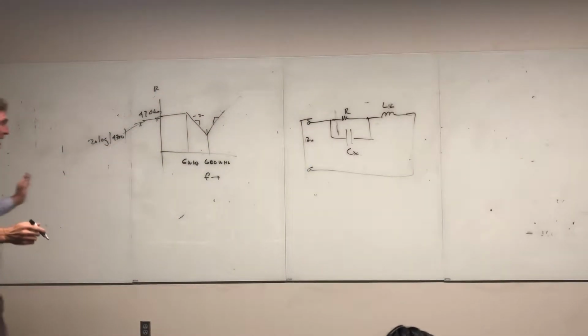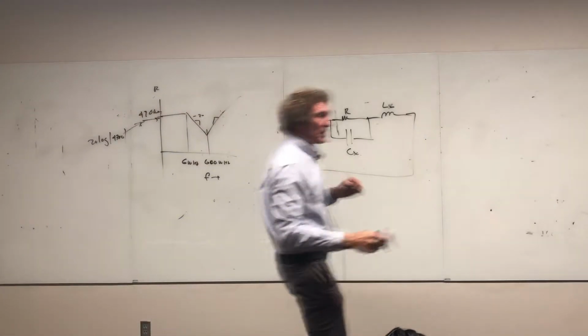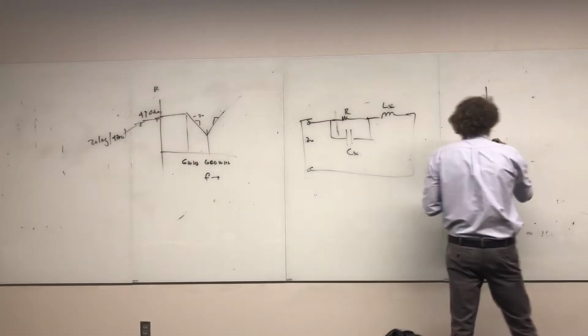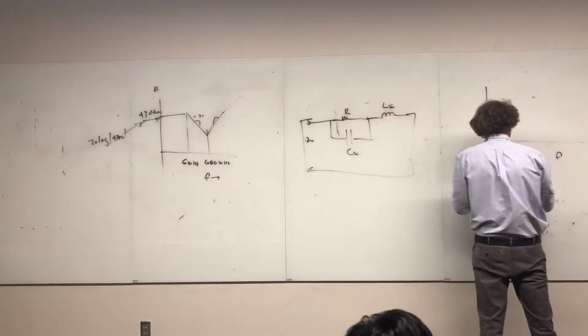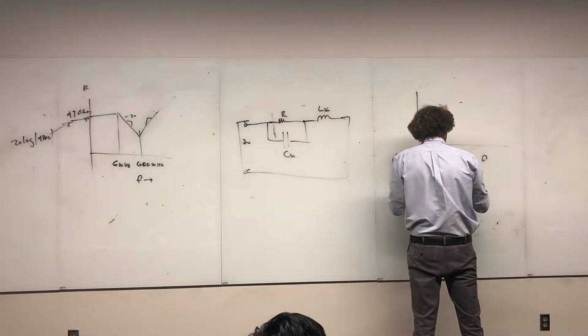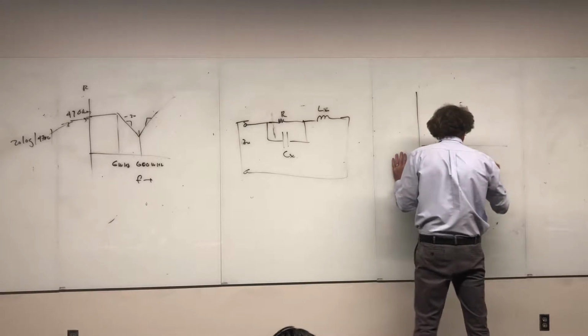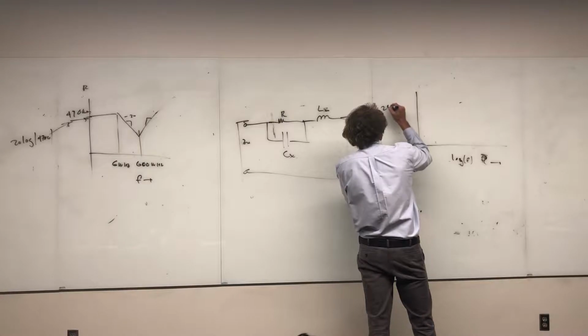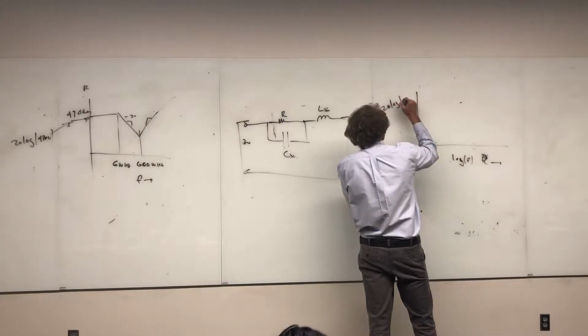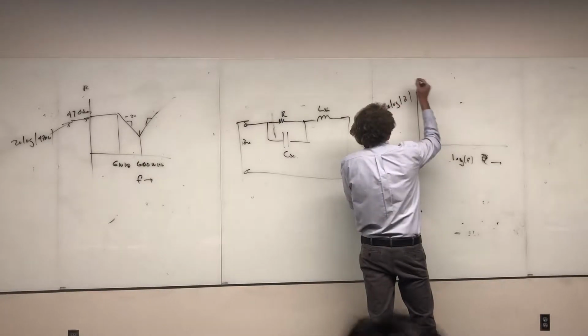Now, if you remember what I told you when we did this, if you were to plot the impedance of that versus frequency, this axis is the log of the frequency, not F, and this axis is 20 times the log of the magnitude of the impedance for a resistor.